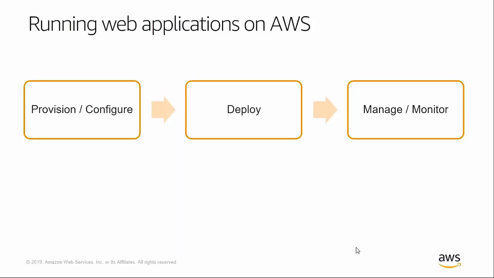And when deploying my code, I want to make sure that I'm doing it in a very safe way so that I'm not impacting previous versions of my running application. And then last, once my code has been safely and successfully deployed, how do I manage that application and how do I monitor it for ongoing issues?